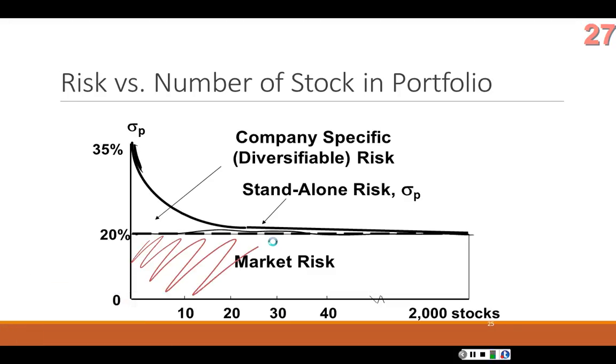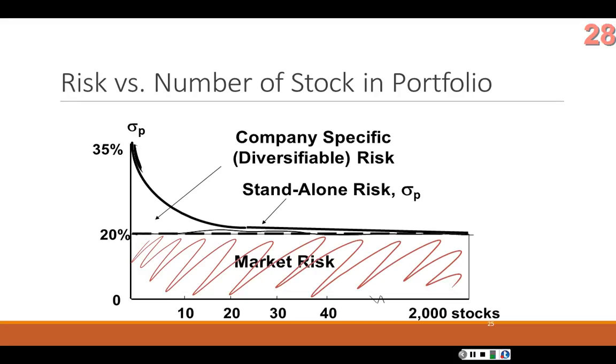You can't get rid of this risk regardless of the number of stocks that you add to your portfolio. The only risk that you can eliminate is this diversifiable risk that goes away with the addition of more stocks to your portfolio.